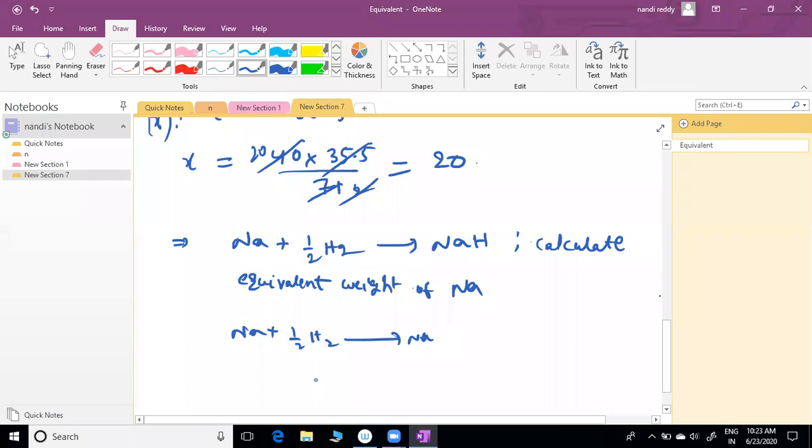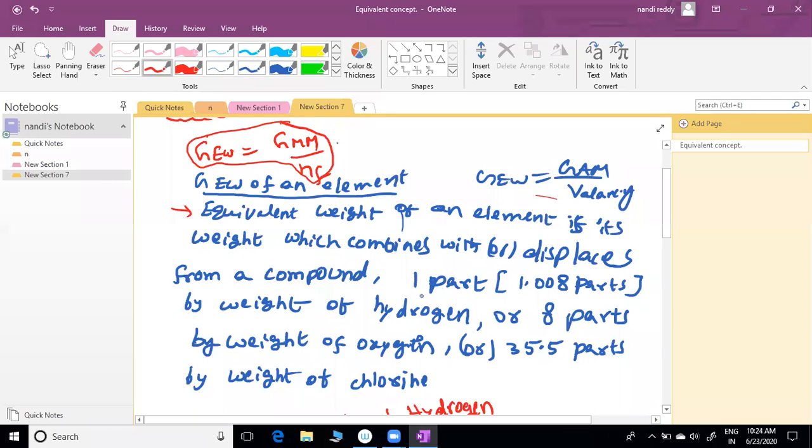So if combining with 1 gram of hydrogen, you can see here, the equivalent weight of an element is its weight which combines with or displaces from a compound 1 part of hydrogen, meaning 1 gram, or 8 parts of oxygen, which is equal to 8 grams. So it is already the definition only.